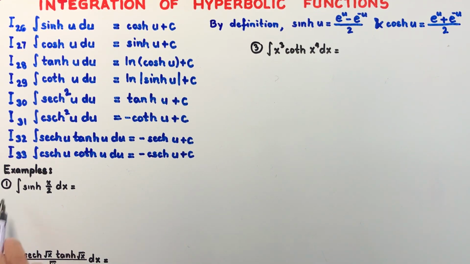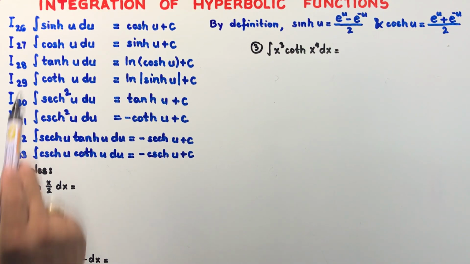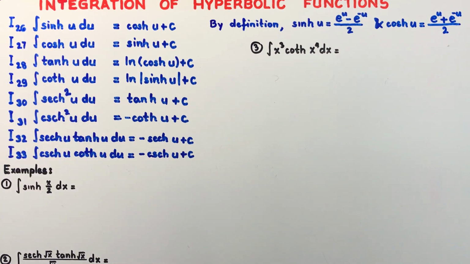For example, number 1, what is the integral of the hyperbolic sine of x over 2 dx? Now in this case, this integrand resembles the integrand in our first formula, wherein our u there is this x over 2.